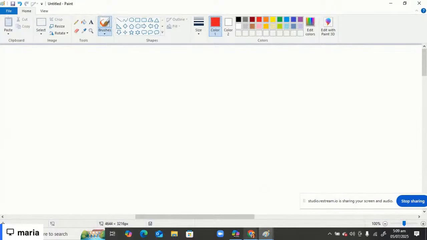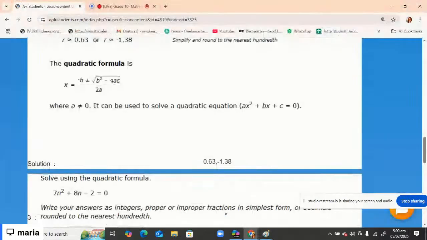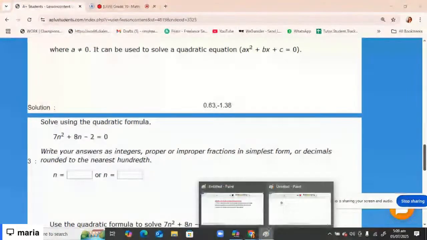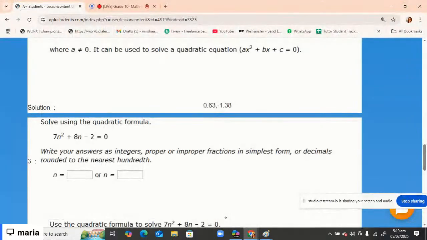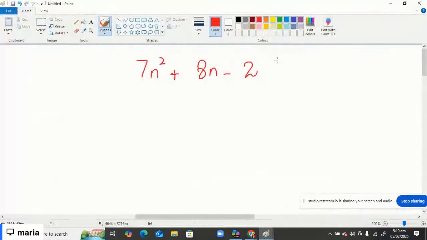So the question is 7n square plus 8n minus 2 equals 0. Same method we follow.